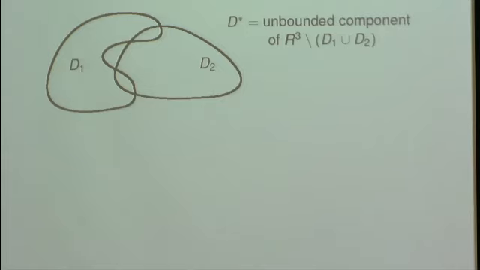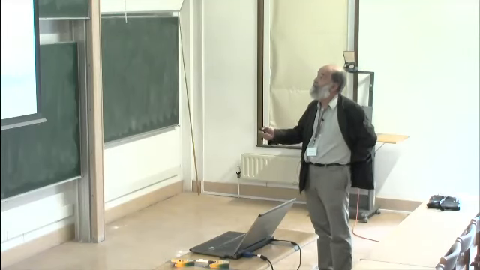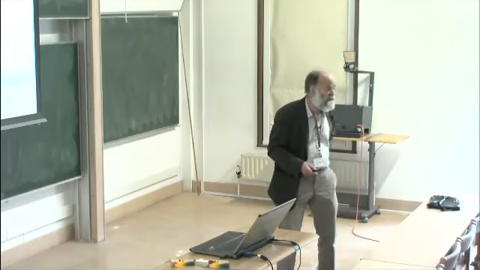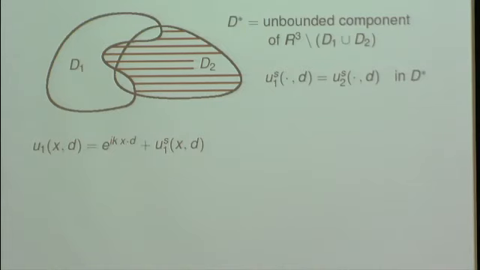And Rayleigh's lemma then tells us that for all incident directions, from the coincidence of the far fields, we have the coincidence of the scattered waves outside this object in this domain here. And then what we do, we look at this shaded domain. This shaded domain is fully outside the object D1, and therefore the total wave U1 is well defined in this shaded domain. It satisfies the Helmholtz equation there.